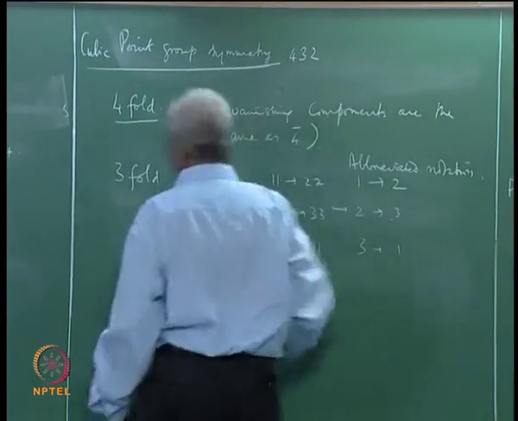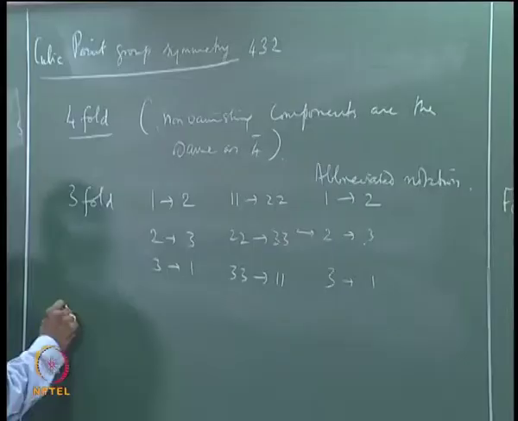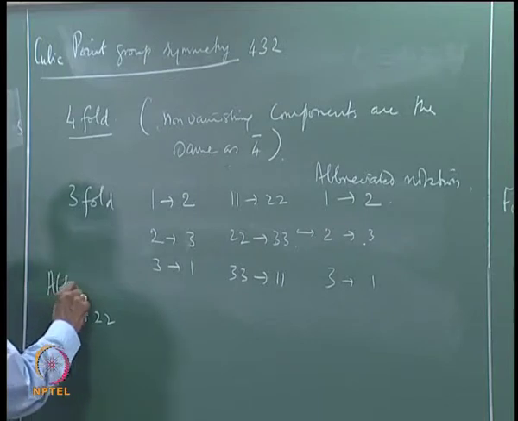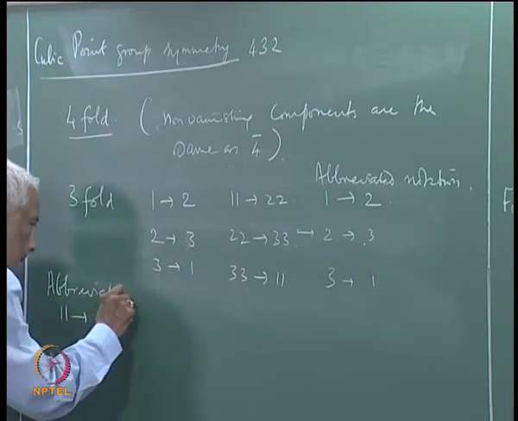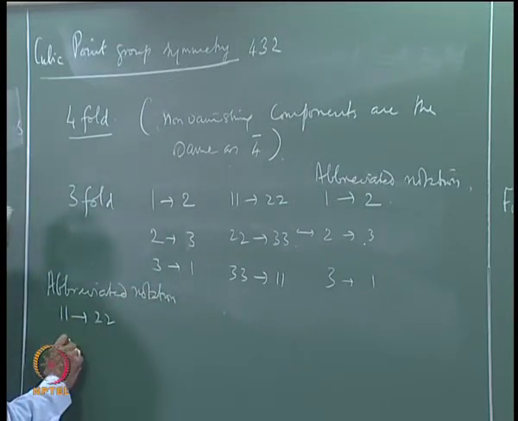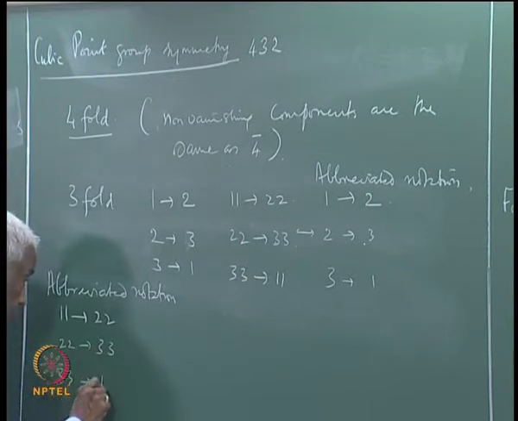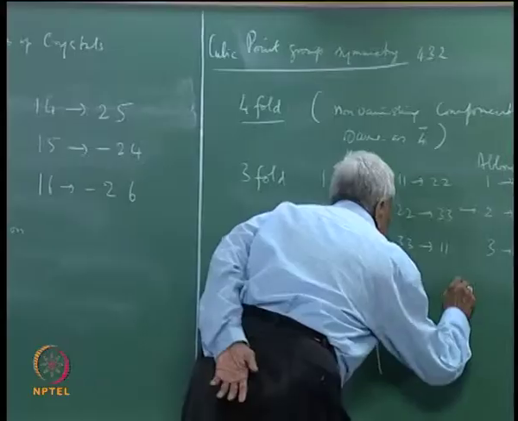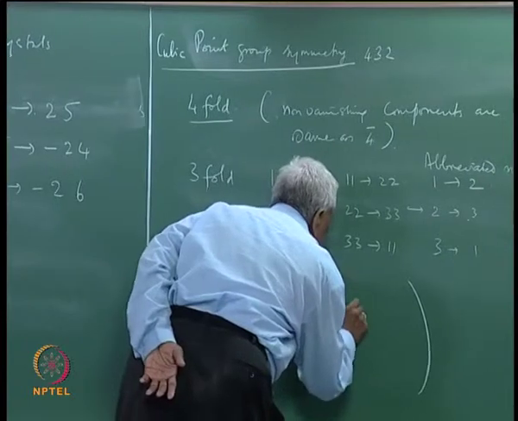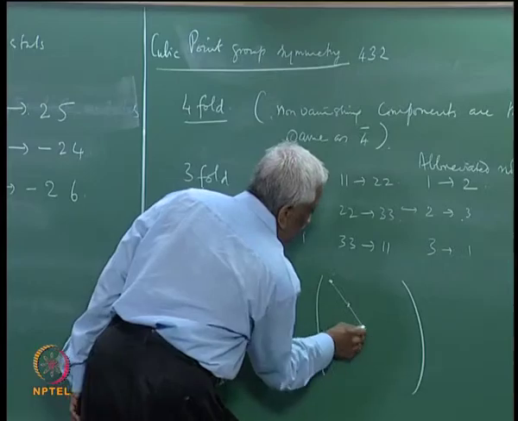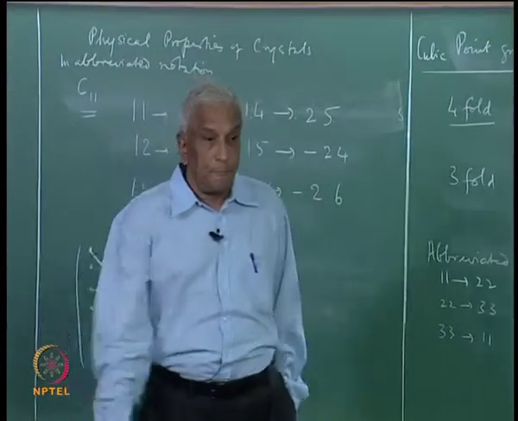So, this goes to this, and because of this 1 1 will become 2 2 in abbreviated notation again. Then 2 2 will become 3 3 now, and 3 3 will become 1 1. In other words, the components in this array C11 and C22, which were equal, now C33 also becomes equal. So, all three are related.